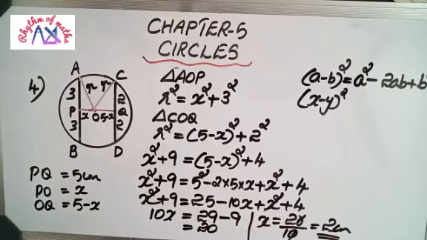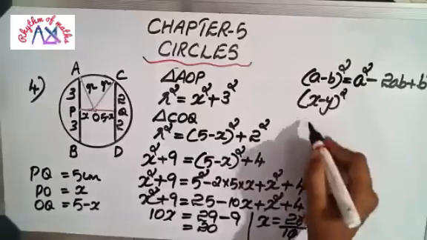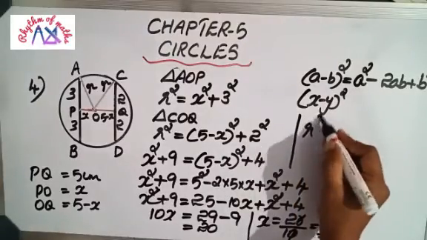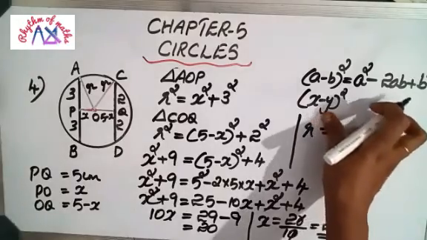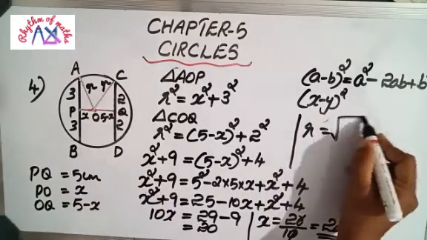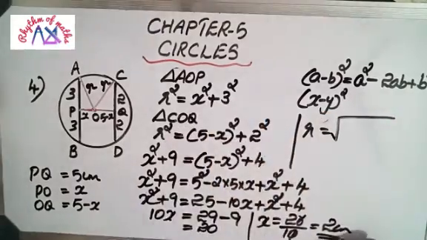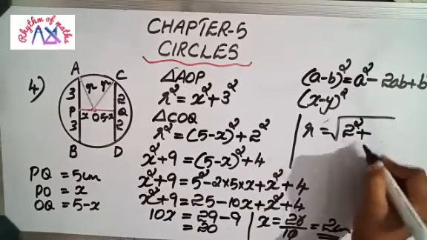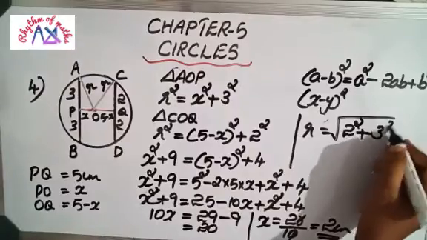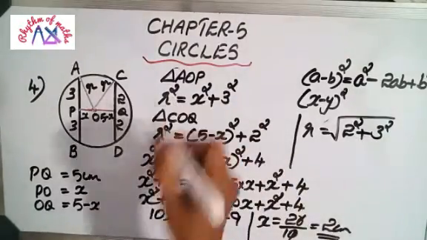x equals 2 centimeter, so what will the radius be? We already have one equation: r square equals x square plus 3 square. The square comes to this side as a root. Now x is 2, so 2 square plus 3 square, just applying the values in this equation.